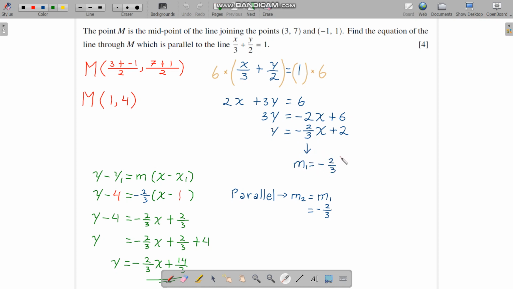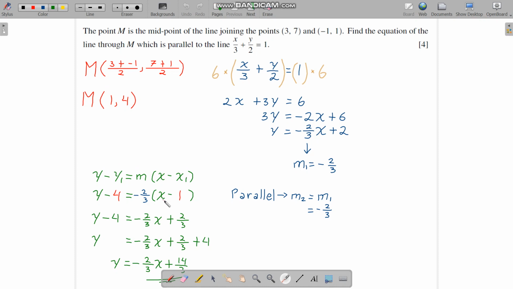Now it says we are looking for a line which is parallel. Parallel means same gradient, so for the line we are looking for, we know the gradient now, and we know that it passes through M, so the line passes through the point 1, 4. Now we use the y minus y1 formula.